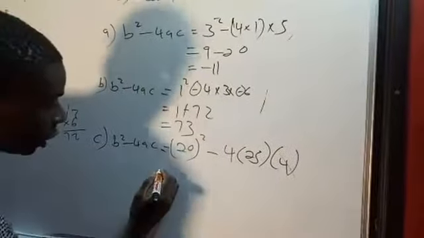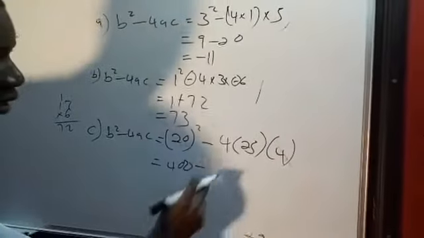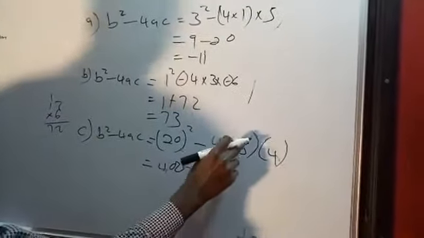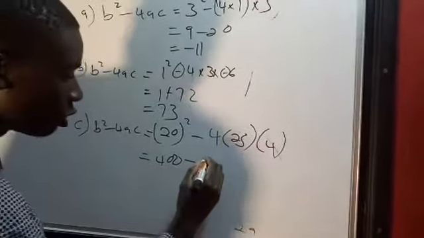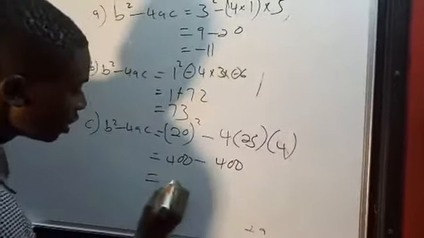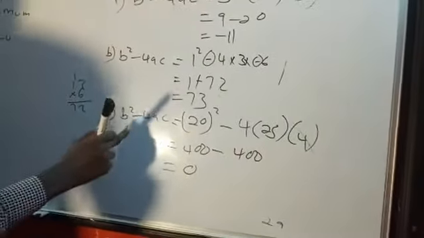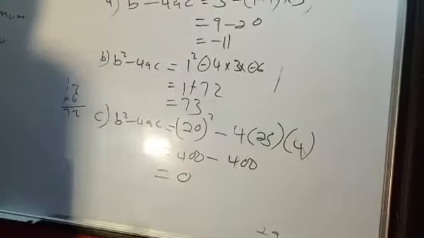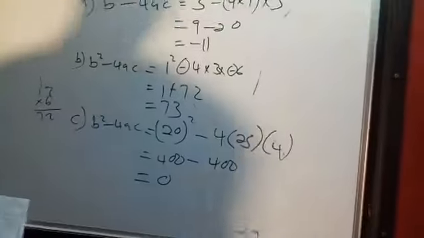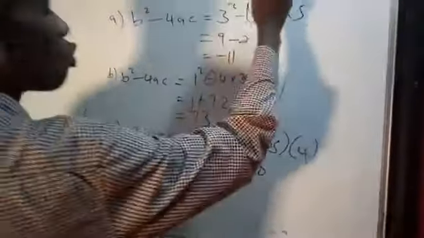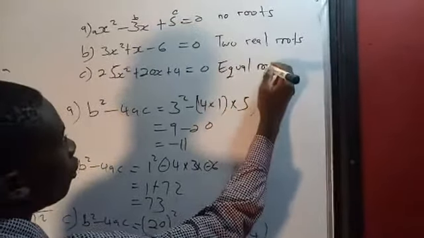Here it will become 400 minus 4 times 25, which is 100, times 4, becoming also 400, so the result is 0. But they told us when b squared minus 4ac is equal to 0, it has one repeated root, which is equal roots.